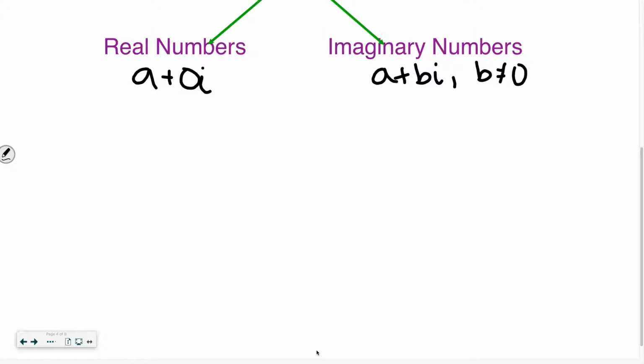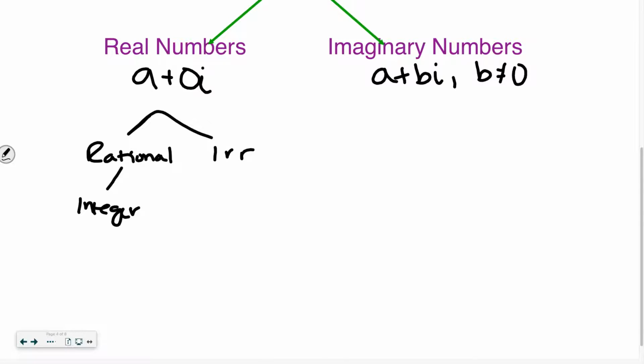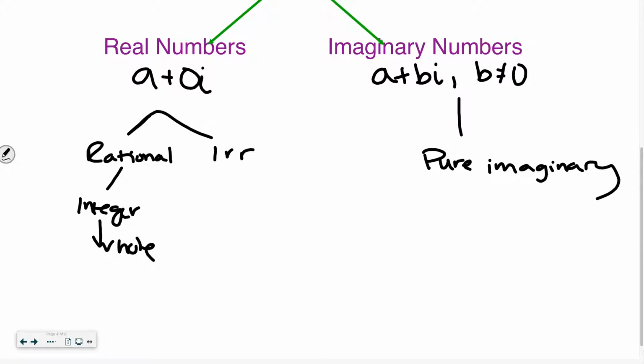And then if you're really interested in the study of subsets of numbers, just a quick reminder that those can be broken down further. So we have the rational and the irrational. Rationals we can break up into integers, which has a subset, which is whole numbers, and you can even do counting numbers if you want. Imaginary numbers does have a subset called pure imaginary, meaning it's in the form a plus bi, but it has no real part, right?